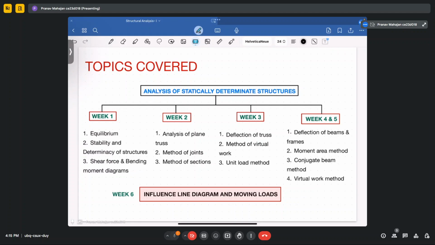Based upon that, we can calculate the deflection at that particular joint, whether in the horizontal direction or in the vertical direction.